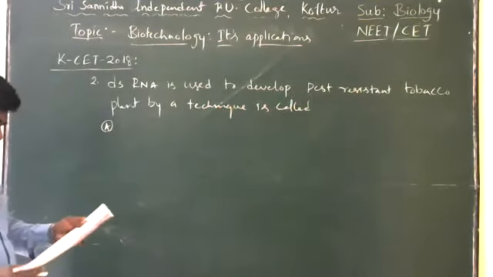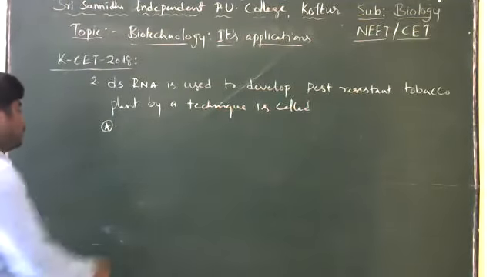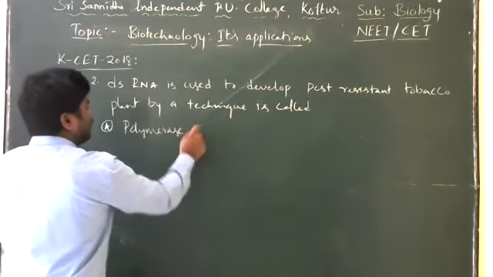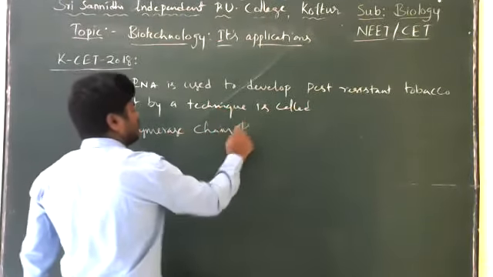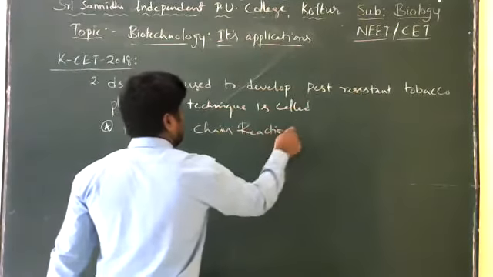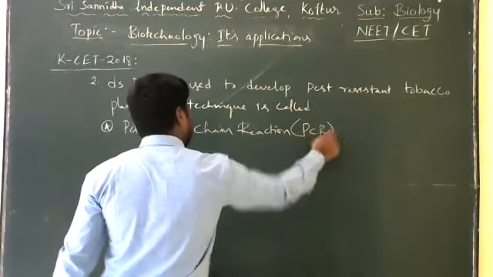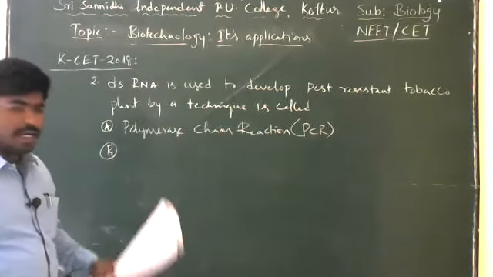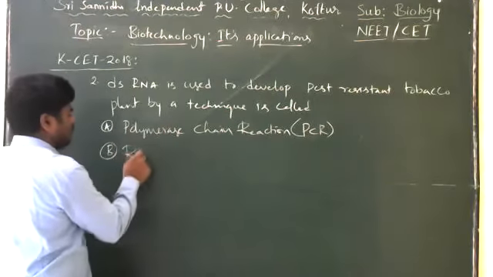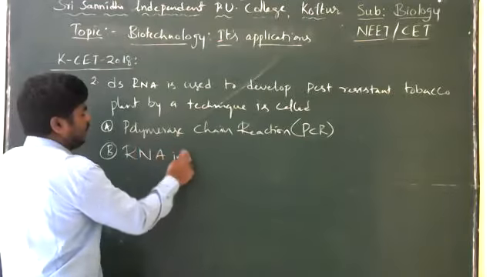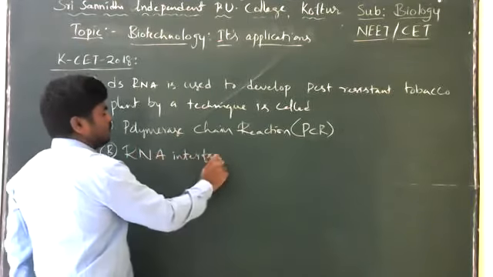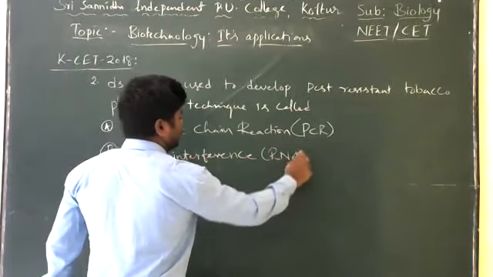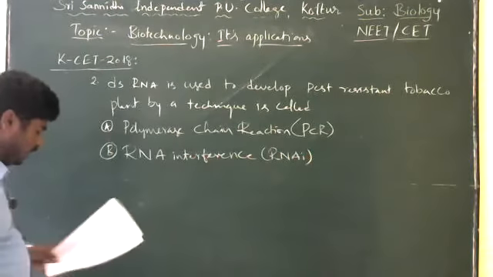Option A, polymerase chain reaction, PCR for short. Next, B, RNA interference, RNAi for short.